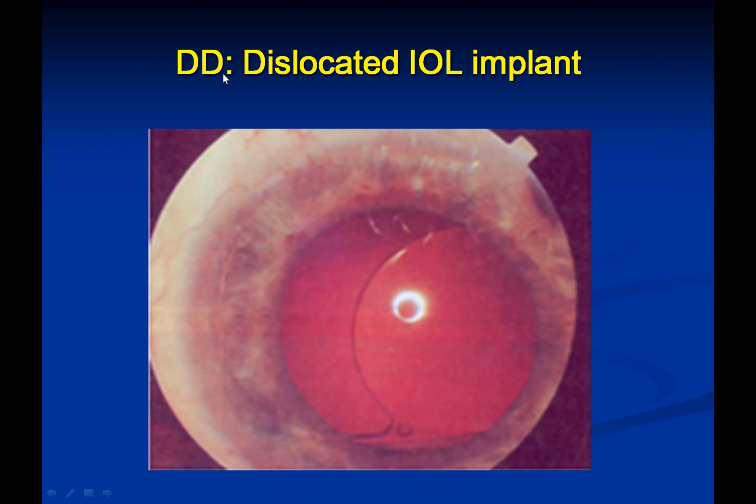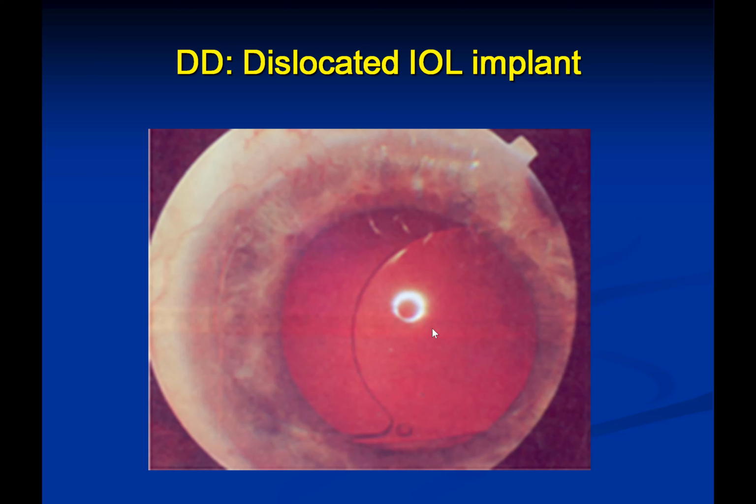Differential diagnosis of a dislocated lens: the only important differential diagnosis of a dislocated IOL implant is from the subluxated lens. You just have to ask whether there was a previous surgery, and the patient will give a history that they were operated on and got some blunt injury. Generally, the person is playing with a child or baby and the child may poke a finger.